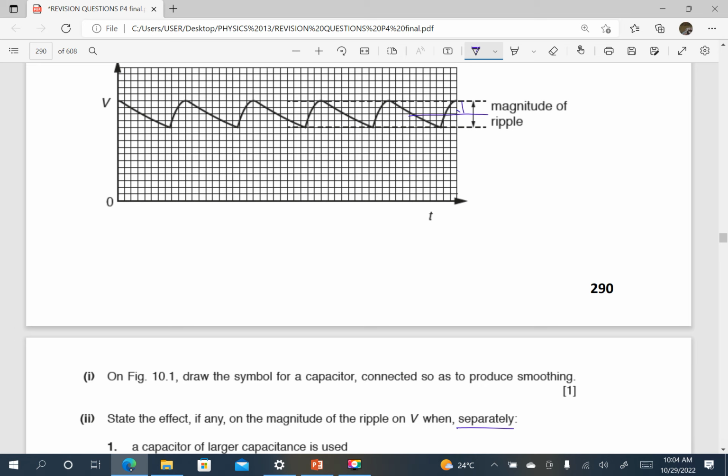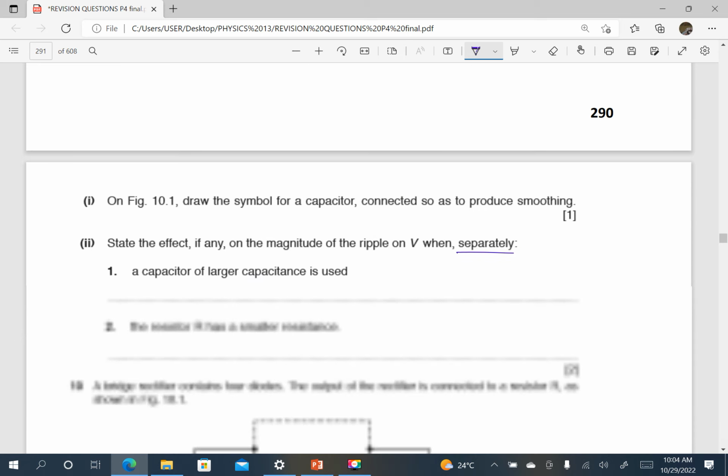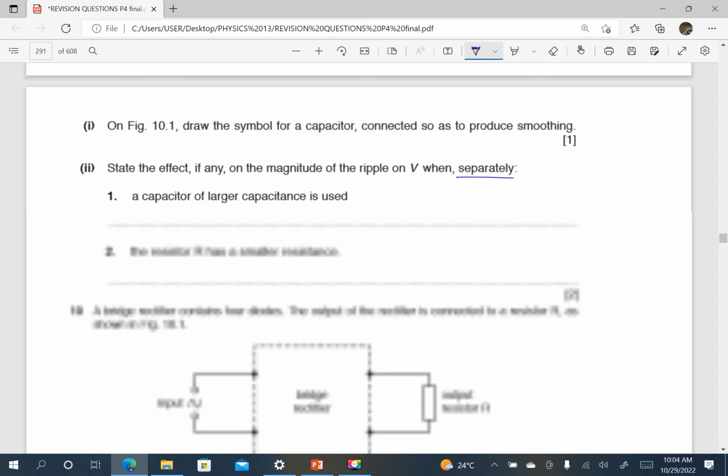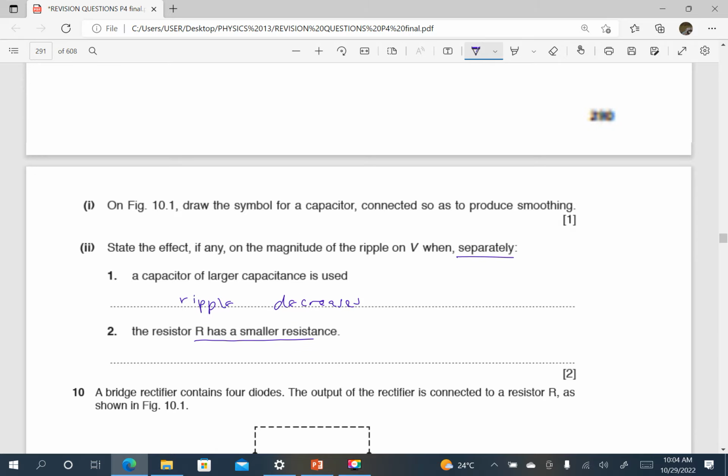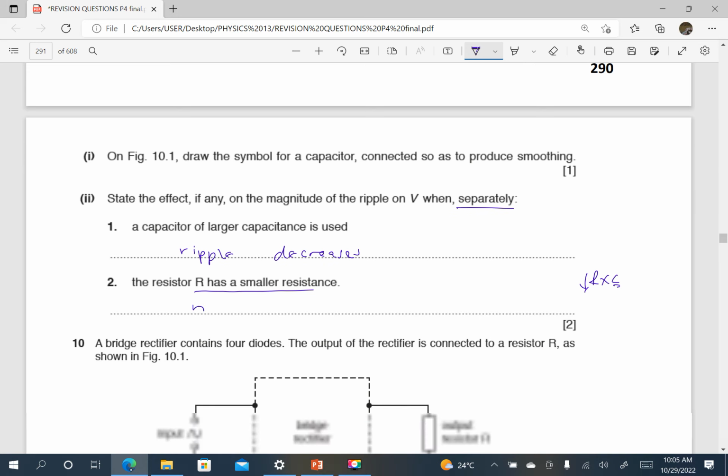It may stop somewhere there if we use a larger capacitor. Then the resistance R has a smaller resistance. They said separately. When we have a smaller resistance, the product R times C becomes smaller for the same capacitance. Therefore, the ripple increases.